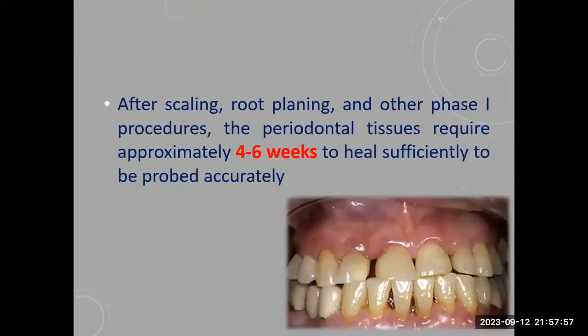Okay? So after scaling, root planing, and other phase 1 procedures, the periodontal tissues require approximately 4 to 6 weeks to heal sufficiently to be probed accurately. For example, if a patient comes to the clinic tonight and I do scaling and root planing, I can't call them back after a week to check the gingiva. Nothing will have happened, because healing of the epithelium and connective tissue has not occurred. So this patient needs at least 4 to 6 weeks to heal, to be probed again, to check whether the gingival area has reduced and whether the bone loss has stopped. I can't determine any of this until the patient comes back after 6 weeks.